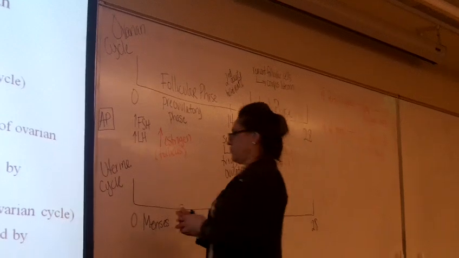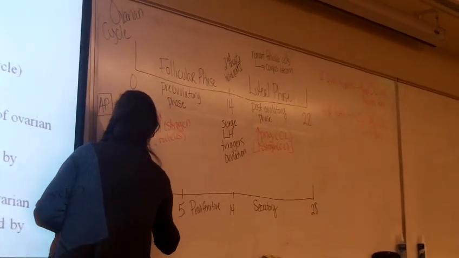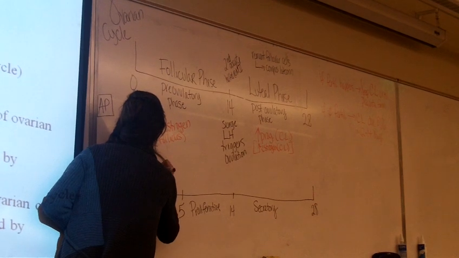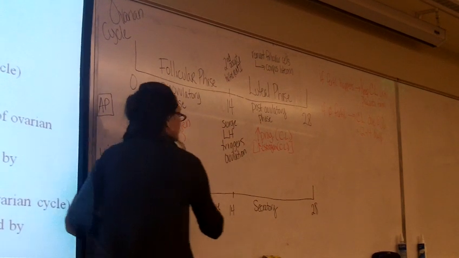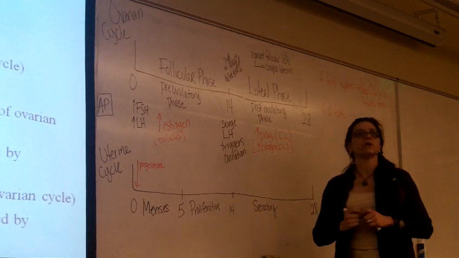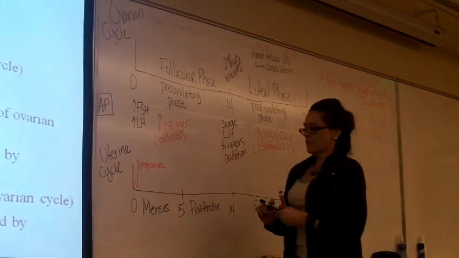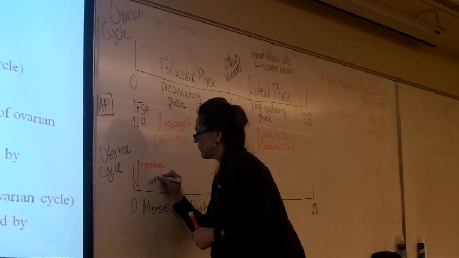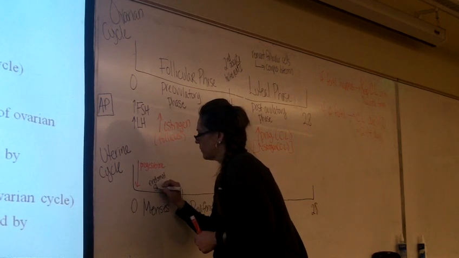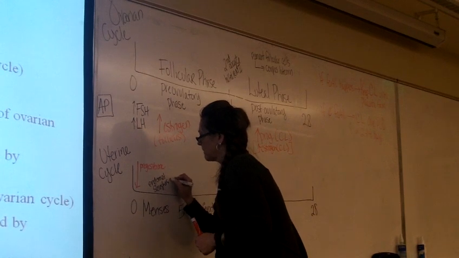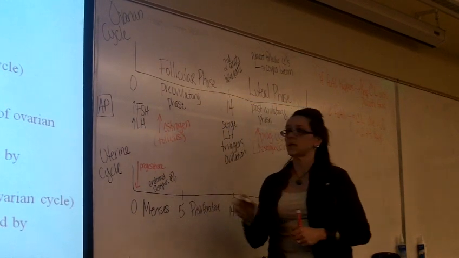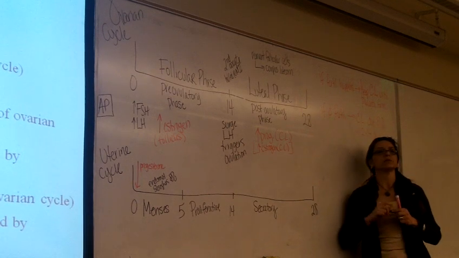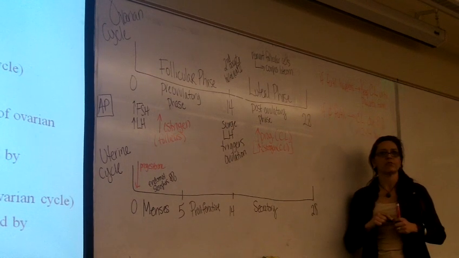And so a drop in progesterone levels triggers the first part of the uterine cycle. So the menses, this phase is the endometrium sloughs off. And again, it does that because progesterone levels drop, and progesterone levels drop because the corpus luteum died off.